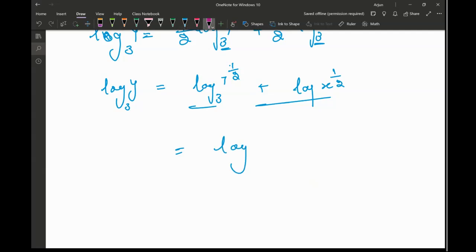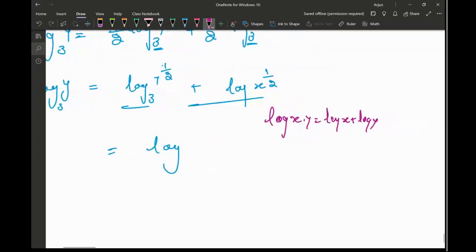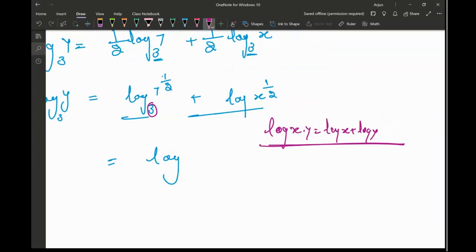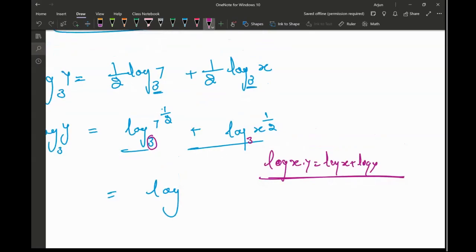Here, one very important thing: why was I able to apply the formula log x plus log y equals log of x times y? Only because the base is the same. If the base was 3 here and 2 there, you couldn't have applied that formula. So the base has to be the same. Remember this to apply the formula.